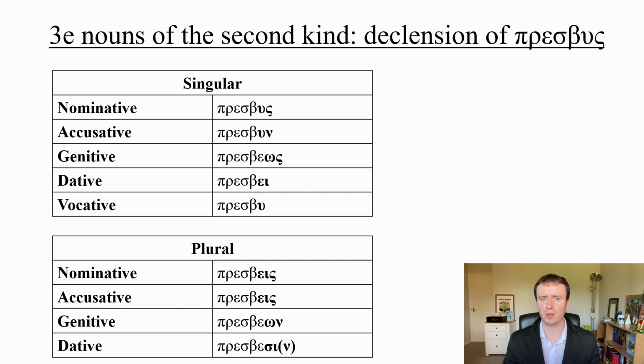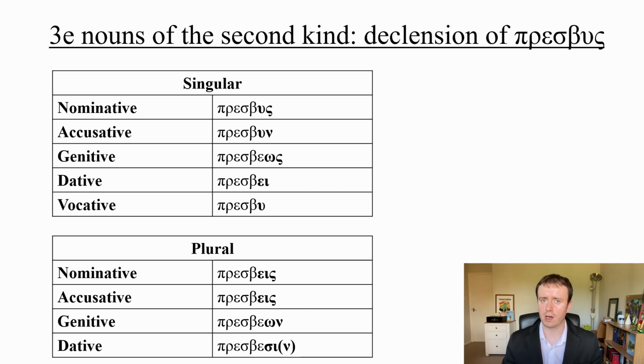Let's now look at how 3E nouns of the second kind decline. Here is the declension of presbus. We can see that it declines as follows: presbus, presbun, presbeos, presbe, presbu, presbase, presbase, presbeorn, presbesin.